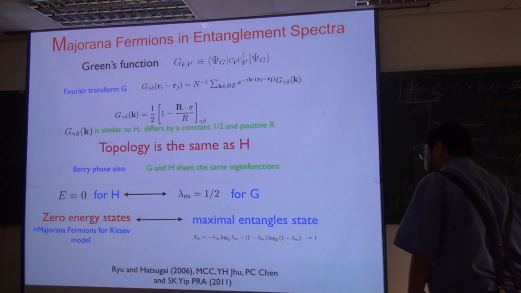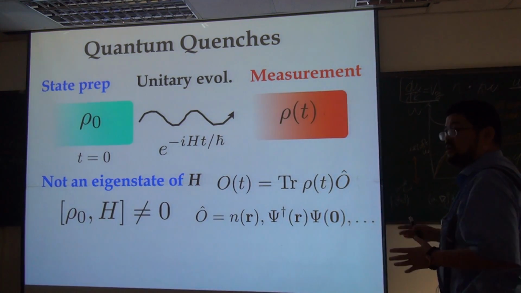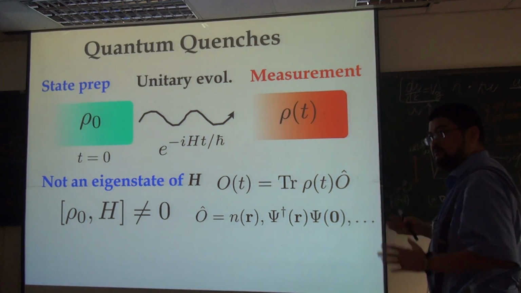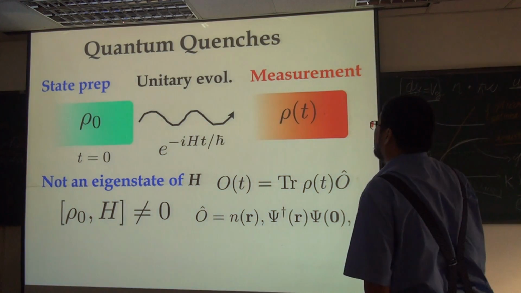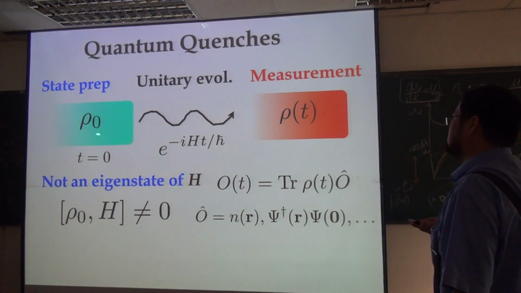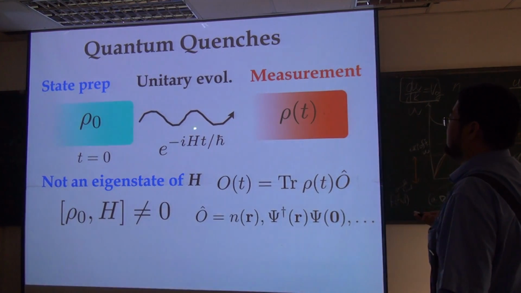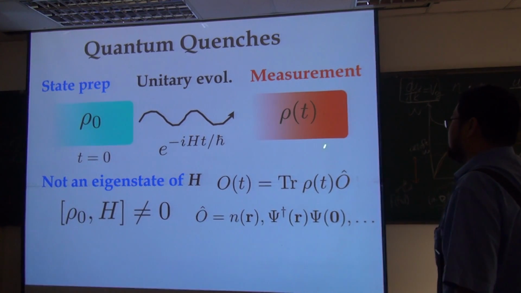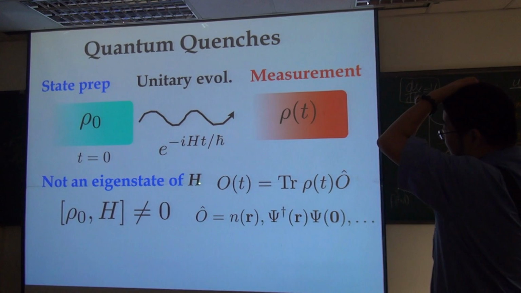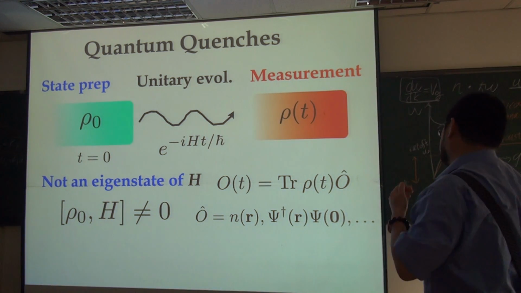quasi-particle. So because this talk is a combination of different concepts, we want to talk about quantum quench. You prepare a state and you quench the parameter of the Hamiltonian, and you let it evolve with time. So now the eigenstates of H, these two cannot commute.